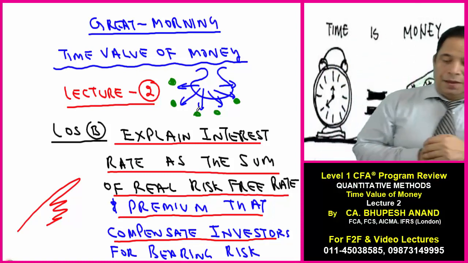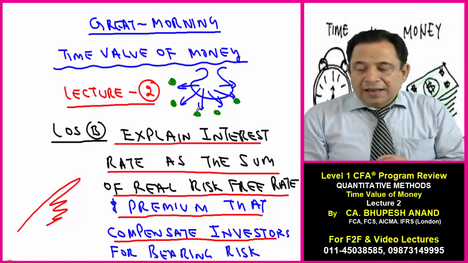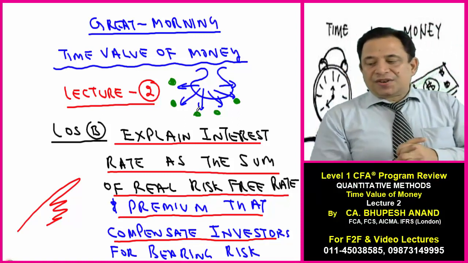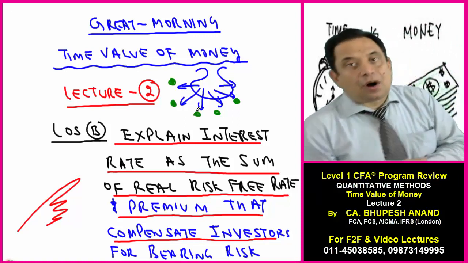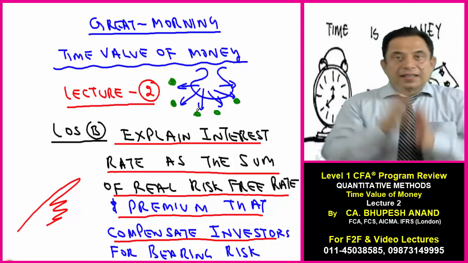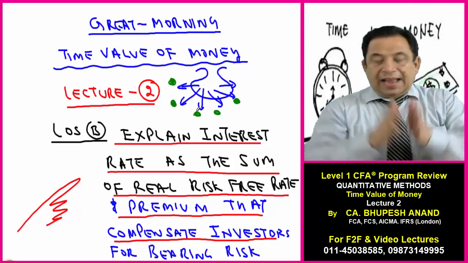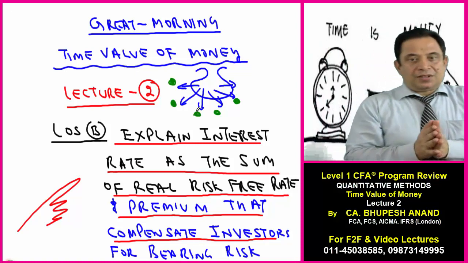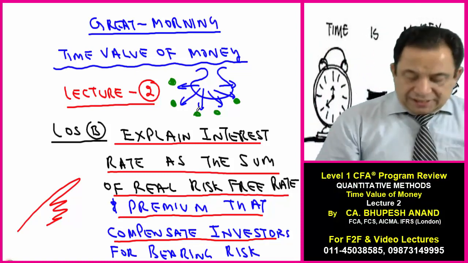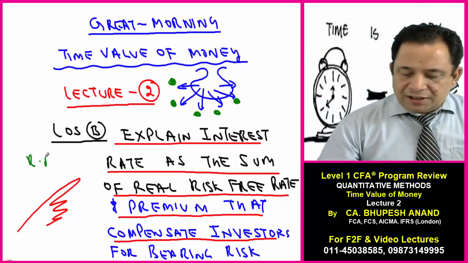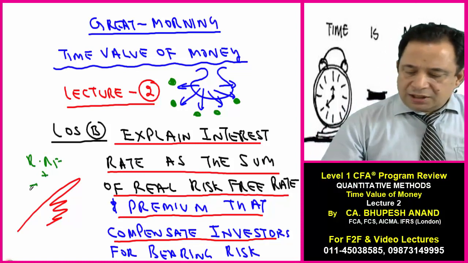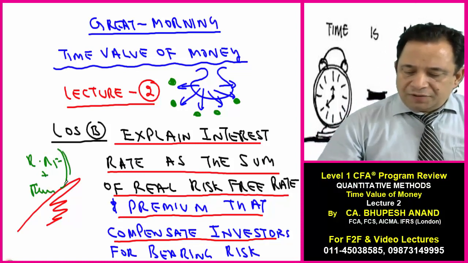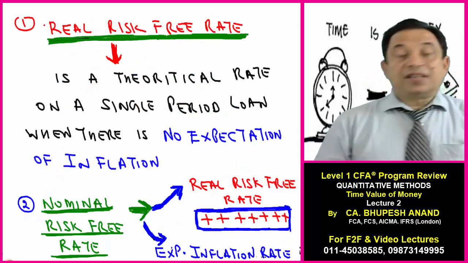I repeat, learning outcome number B, explain interest rate as the sum of real risk-free rate and premium. It means if you want to calculate the interest, it will be the total of real risk-free rate plus risk premium for different risks.